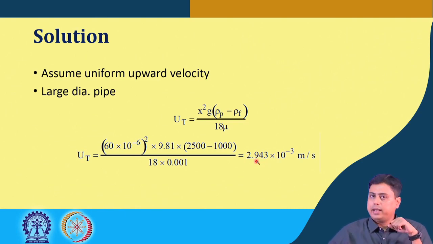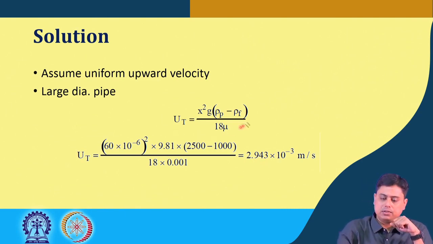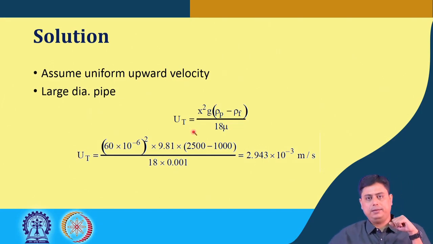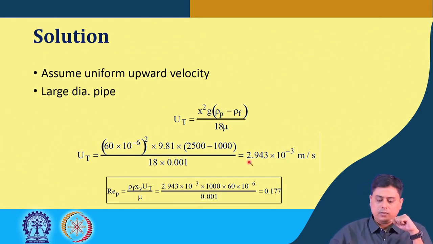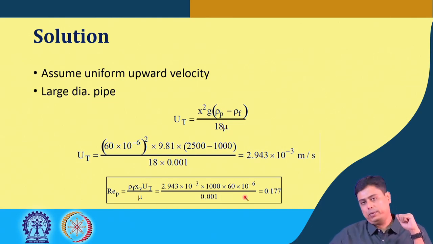But this is not the end. This is the assumption we have made, that Stokes law is valid. So, the final step remains: we have to justify our assumption by recalculating the Reynolds number with this terminal value. If we do that, we see that the particle Reynolds number is 0.177, which is well within the range of Stokes law, or well below the value 0.3.